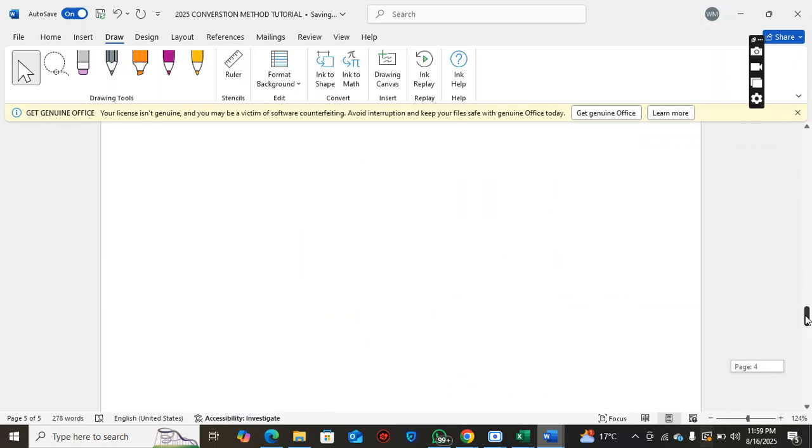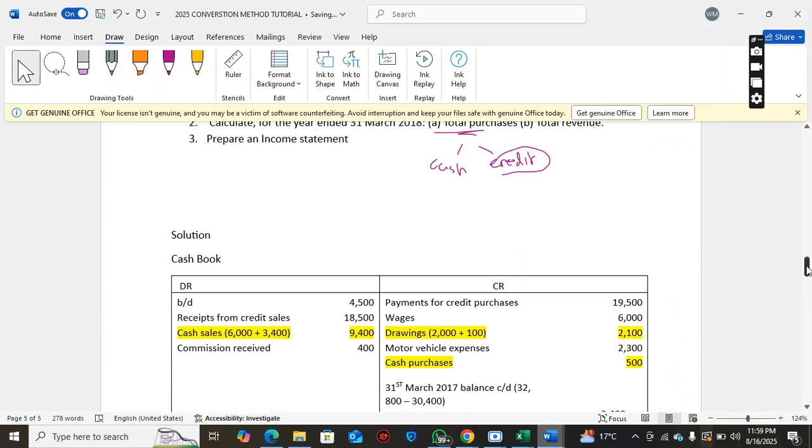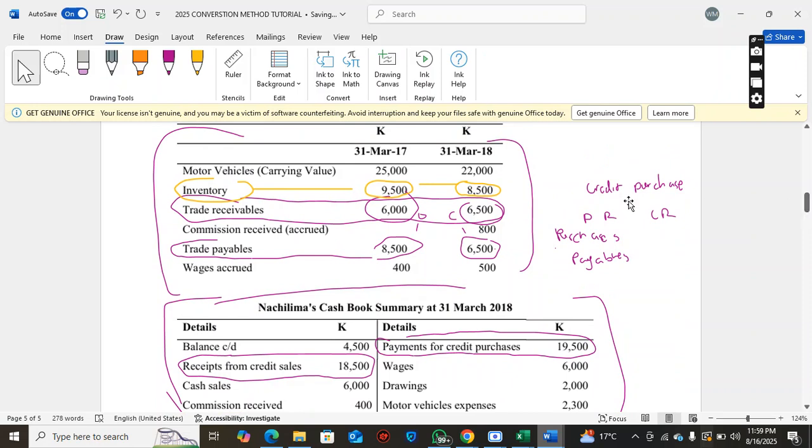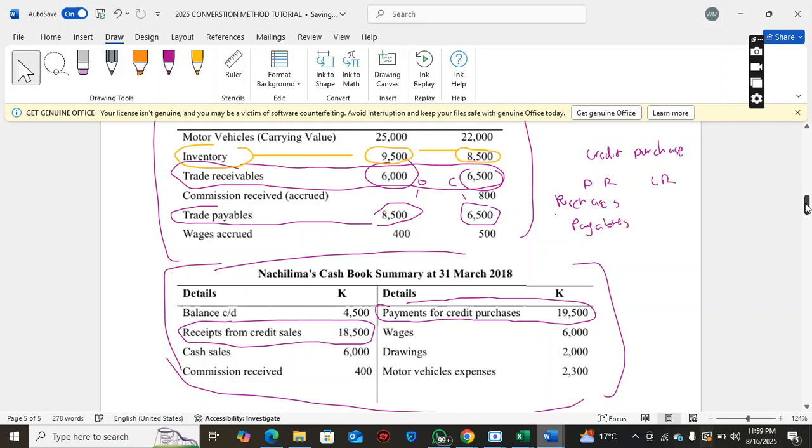So we come back to our information. Can we spot any income? Yes, commission received, this 400. And any other?